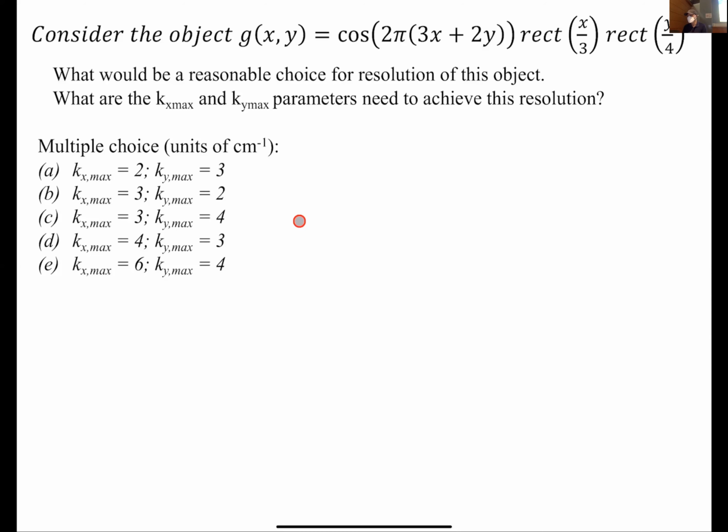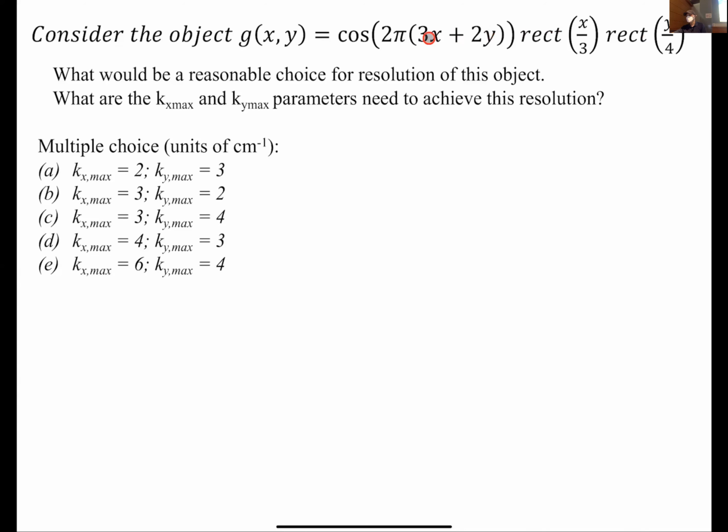Okay, so let's take a look at this. This is the object here. What we saw last time determines the extent of your object. Assuming you don't care too much about the edges, what really determines what resolution you care about is the frequency of variation in this cosine.